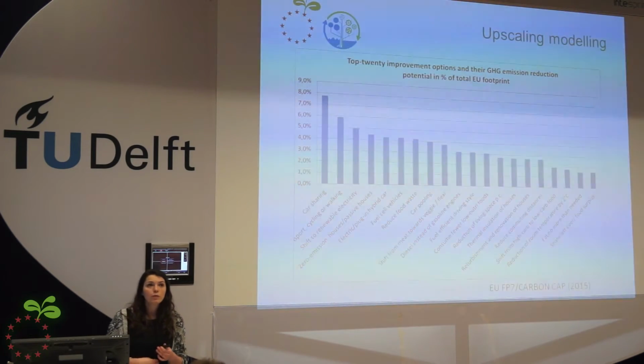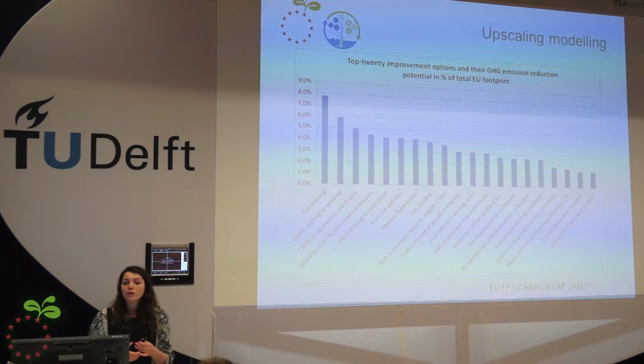But at the same time, we have the overview of the entire consumption, so we'll be able to tell if any rebound effect takes place. So if, for example, driving or flying less is associated with higher impacts in a different category.